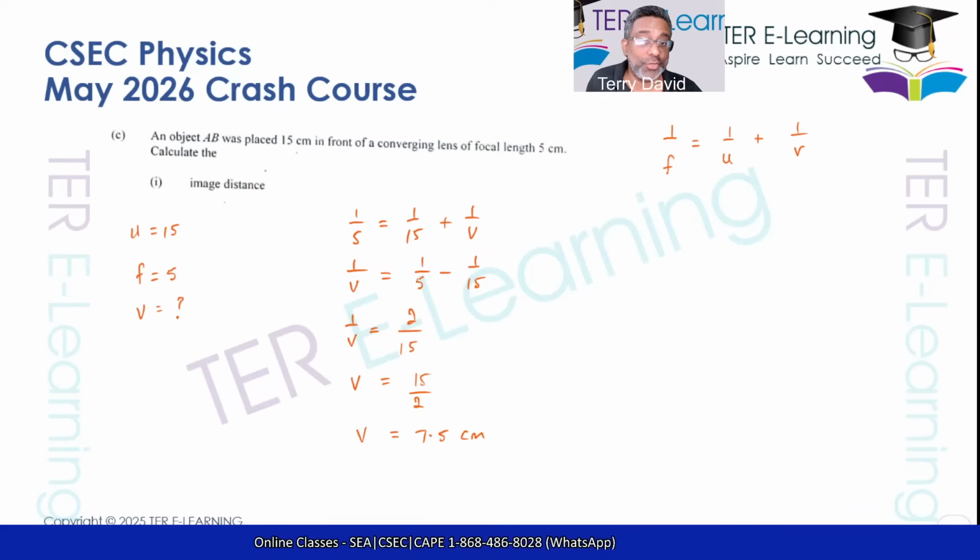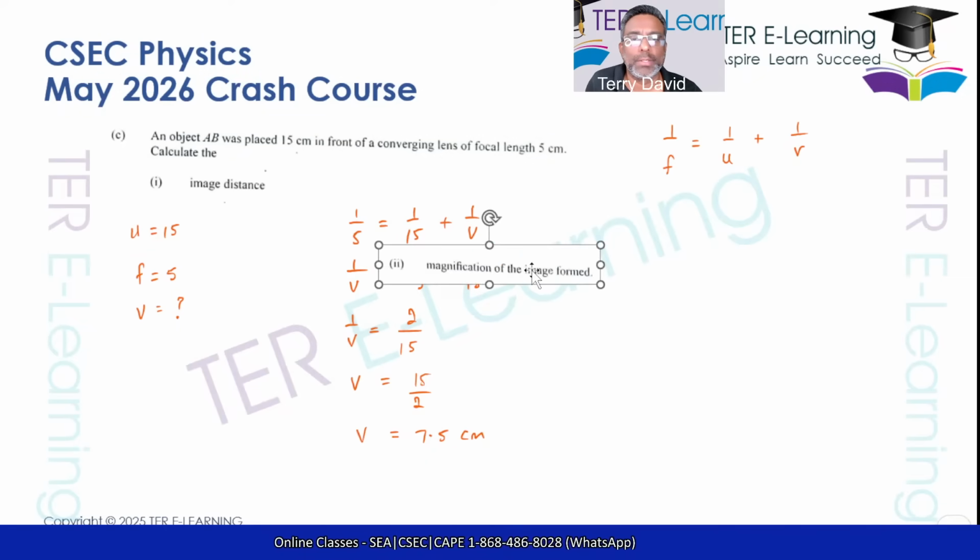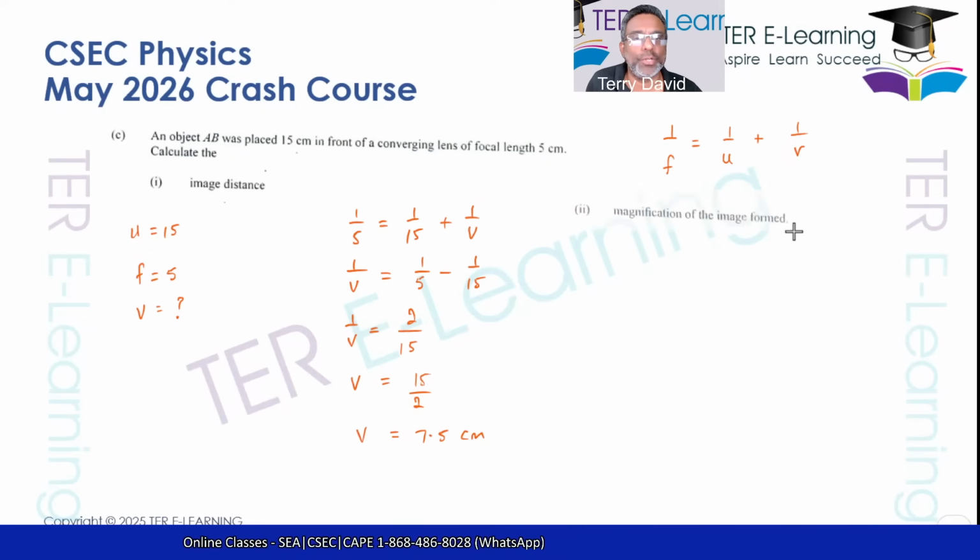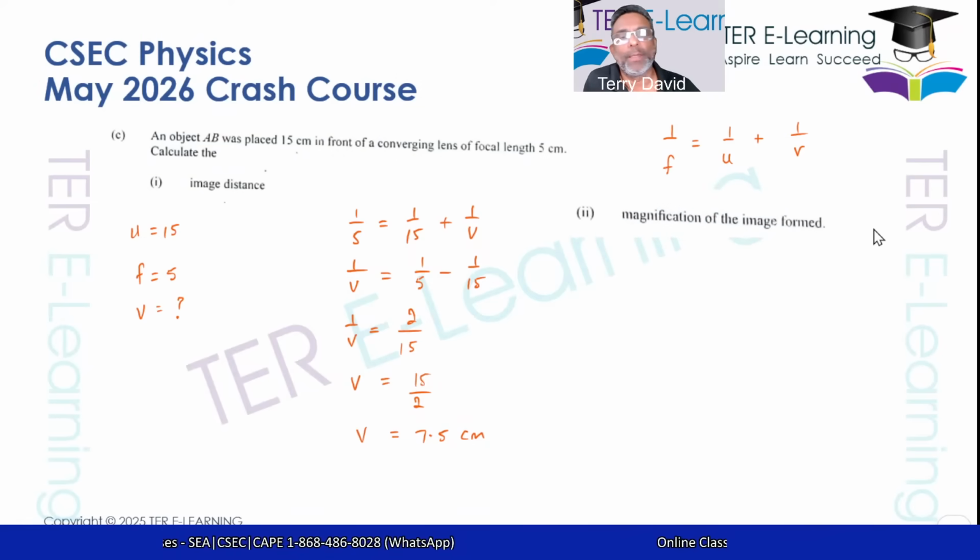So first of all, this is your image distance, 7.5. What else do we want? Oh, they want the magnification. Right, so this is the second part here. They want you to calculate the magnification. There are two formulas for magnification.